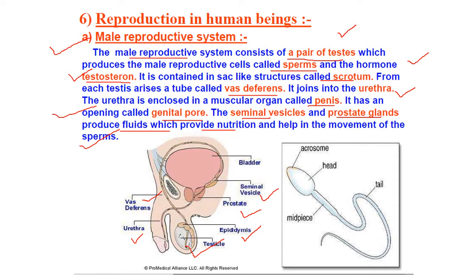This is the structure of the sperm which is produced by the testis. The sperm contains the head, middle piece and tail, and the head region contains the acrosome. Tails help in the movement and help to make the path.